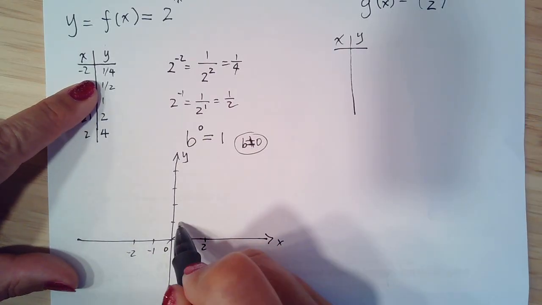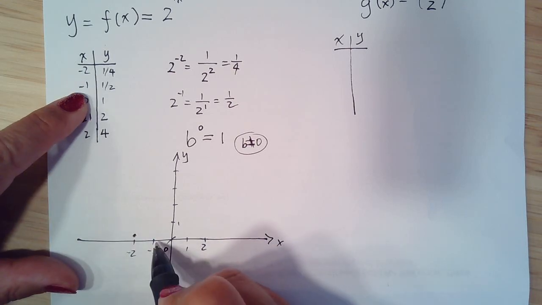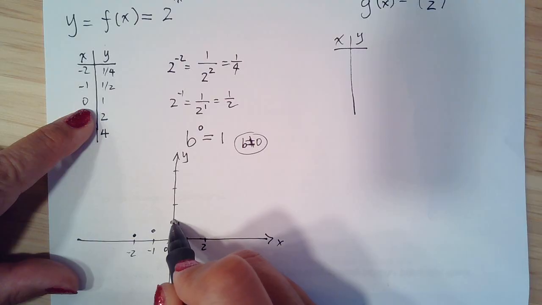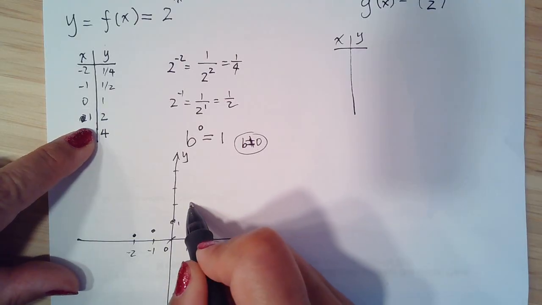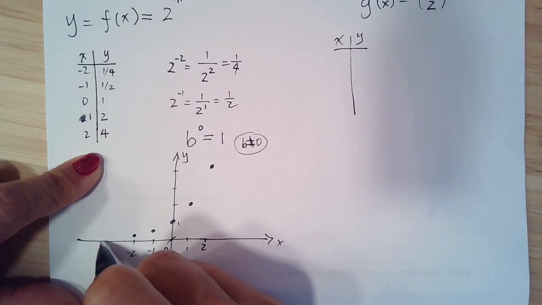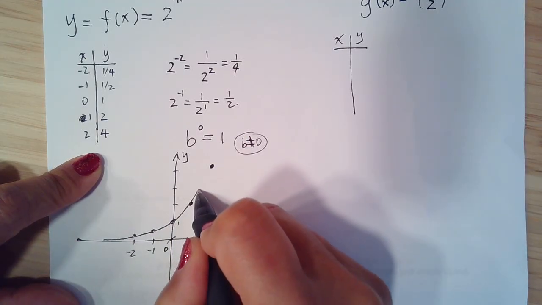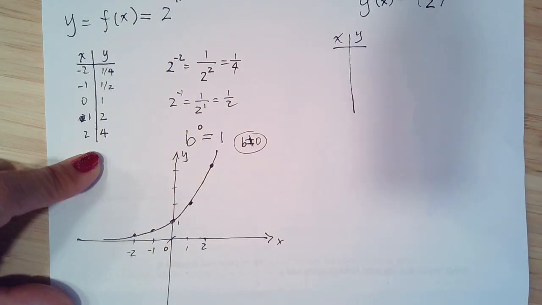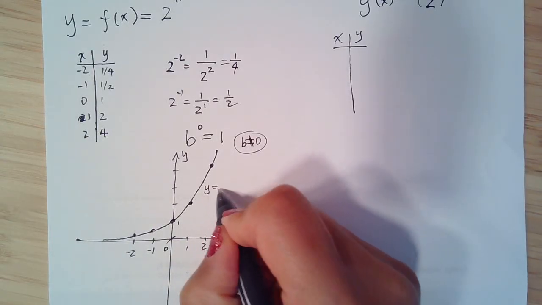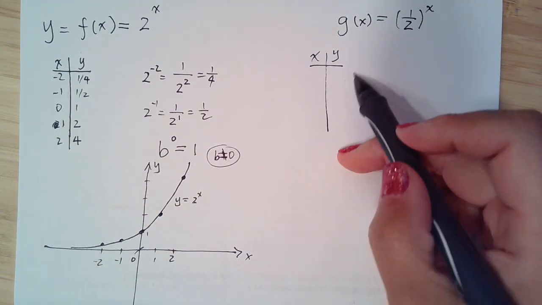So -2 and a quarter, then -1 and a 1/2, 0 and 1, 1 and 2, 2 and 4. We got something that looks like this. Hey, I'm getting better, right? This is the graph of y equals 2 to the x.